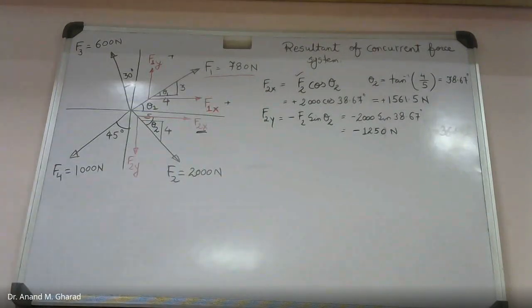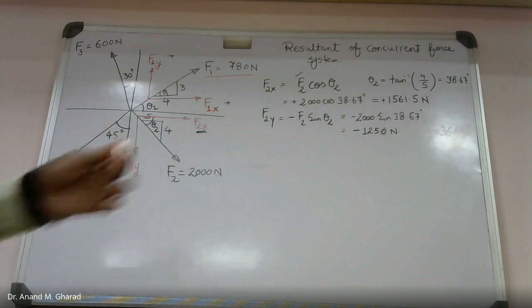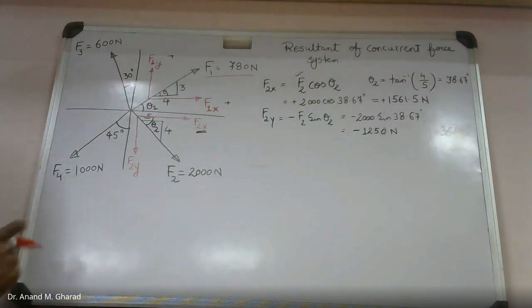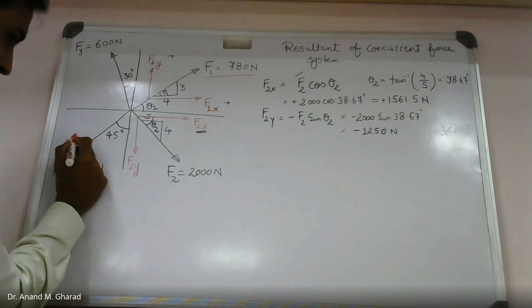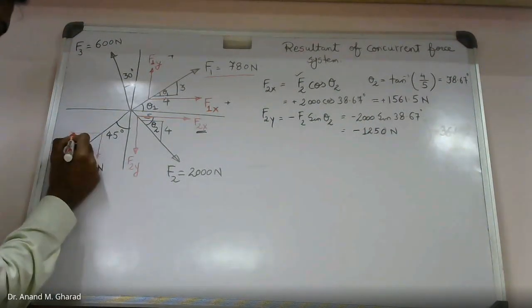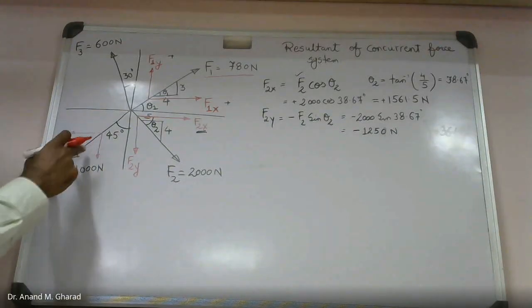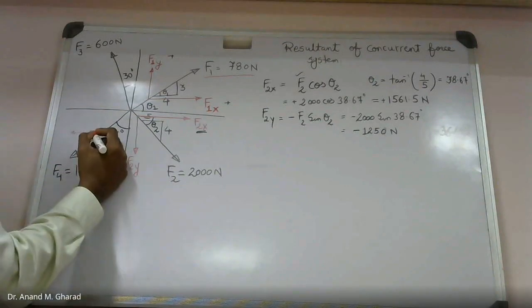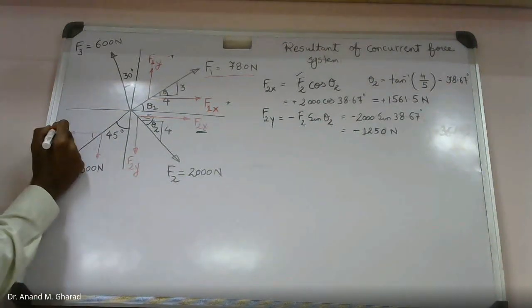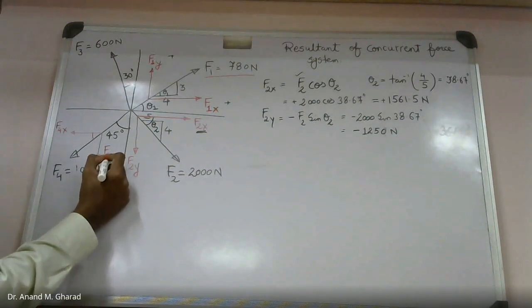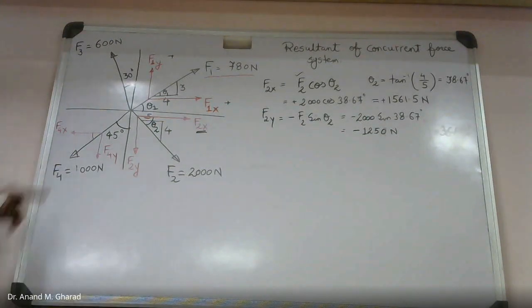Now it is very easy for you to solve the remaining ones, that is F3 and F4. There won't be any problem as far as F4 goes, because this is 45 degrees. The calculation will be very easy, right? This will be F4x and this will be F4y.